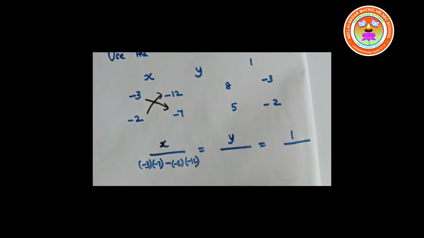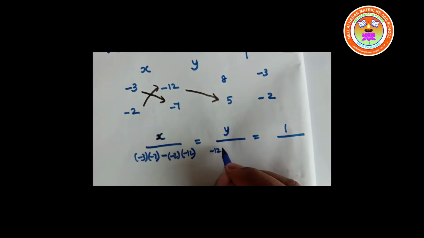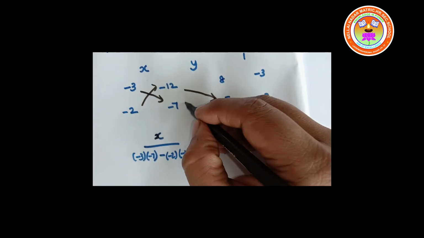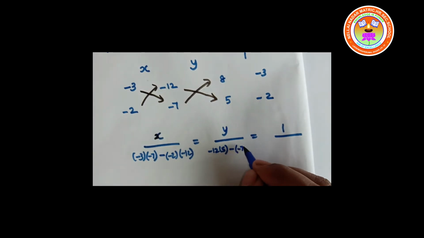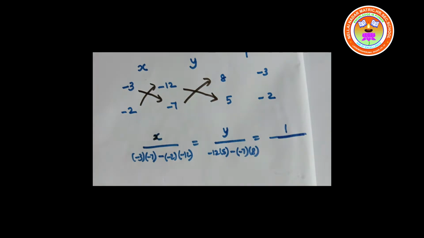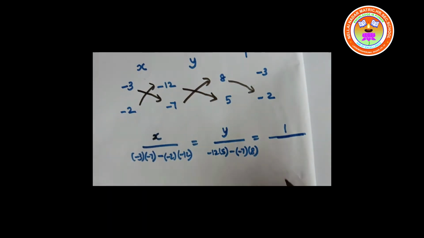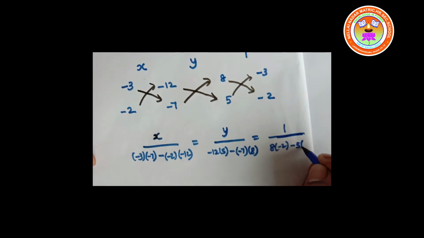In the same way, minus 12 into 5 minus 7 into 8. Then 8 into minus 2 minus the sub-diagonal 5 into minus 3.